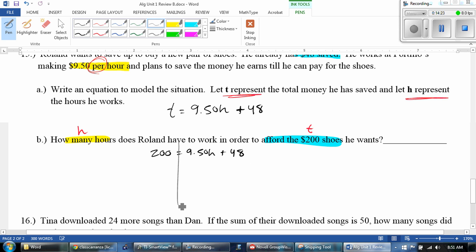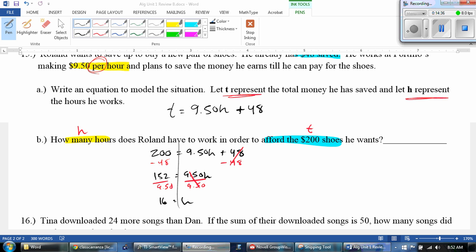So why don't you guys pause the video and see if you can solve that all on your own. Good luck. Okay, so you subtract the 48, divide by 9.5, and you get 16. And just remember that we need to write our final answer not naked, okay? You got to label it.